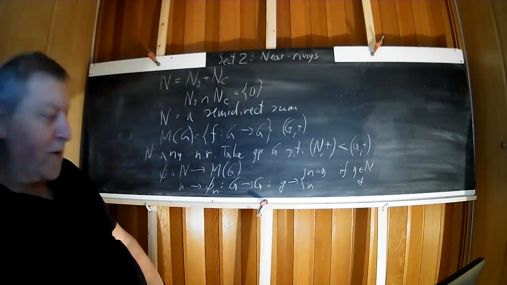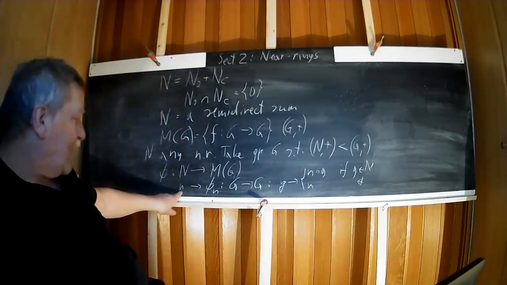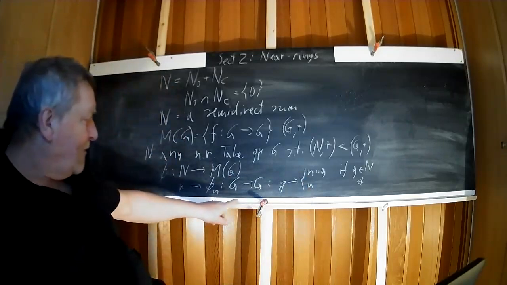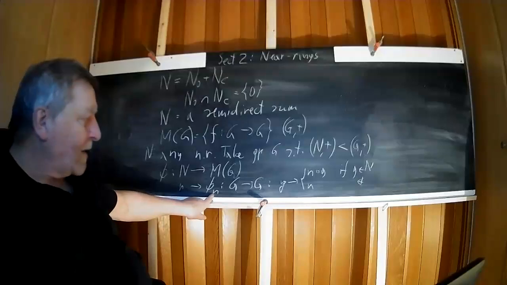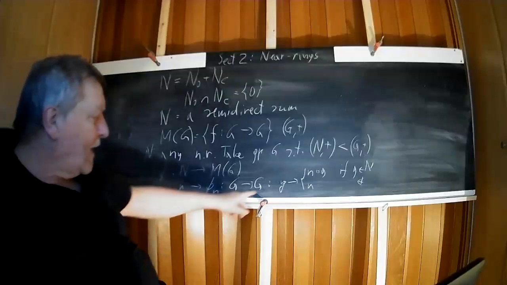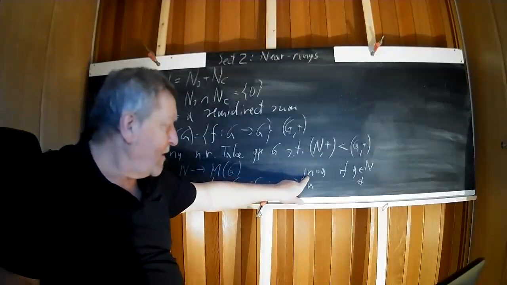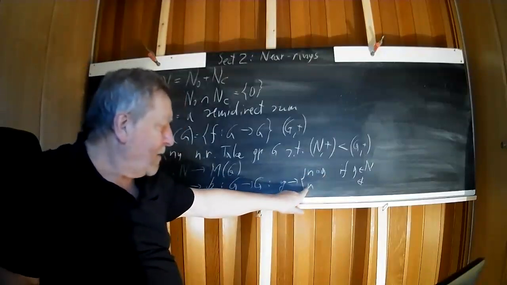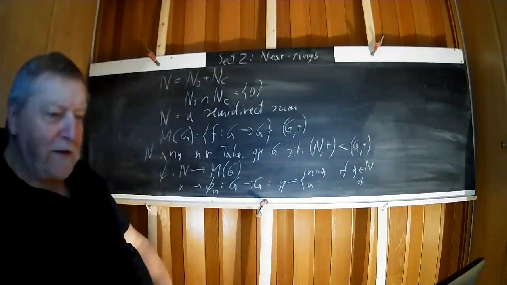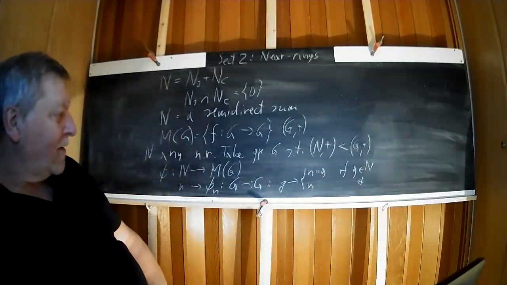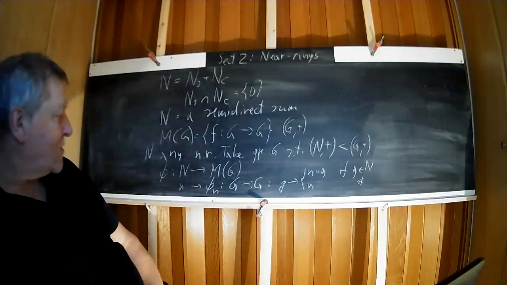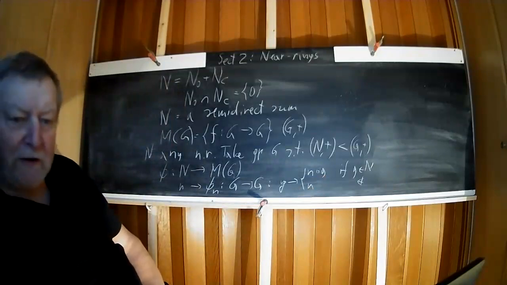What about the composition, n times m? Then we have phi of n times m, and that maps g into n times m times g, or into n times m. And again, you can see that this is just a composition of phi n and phi m.